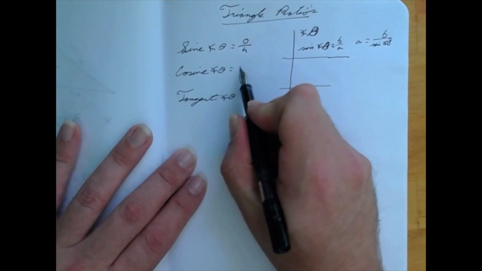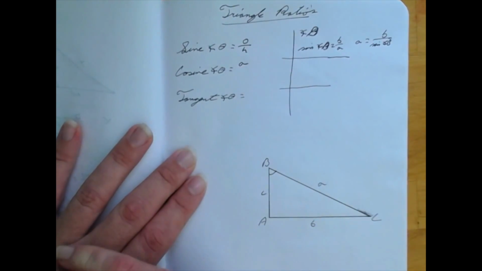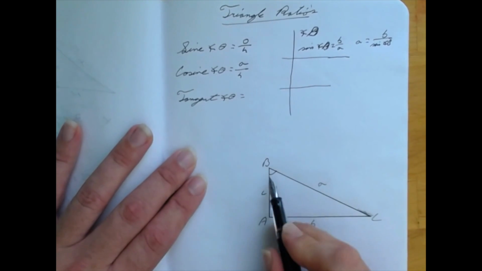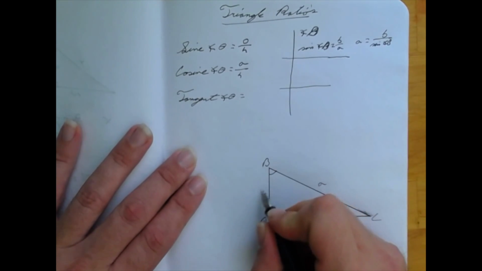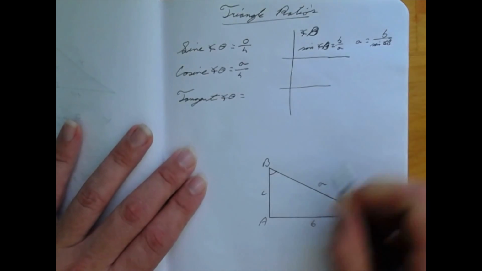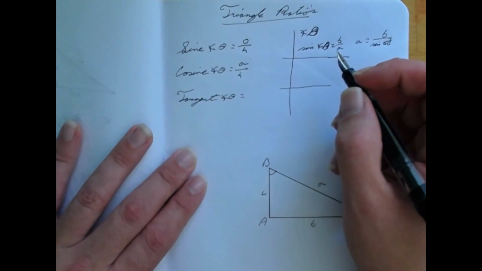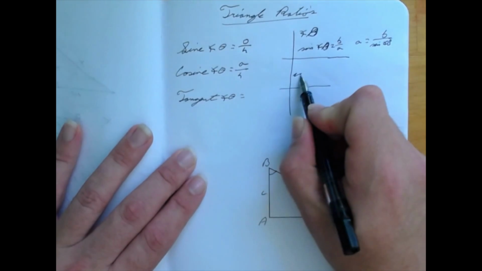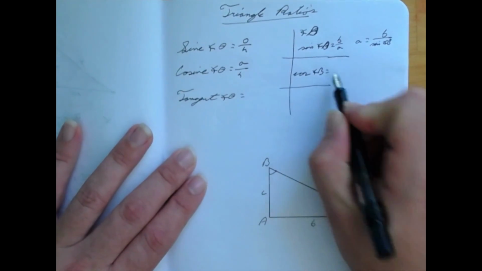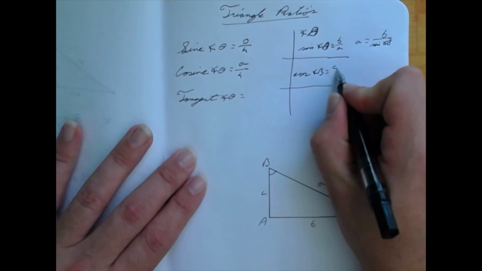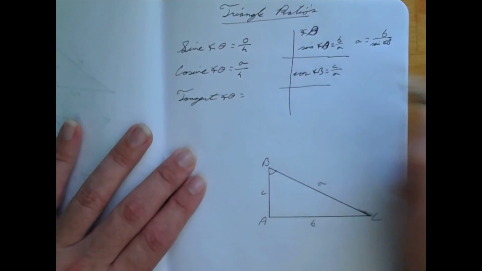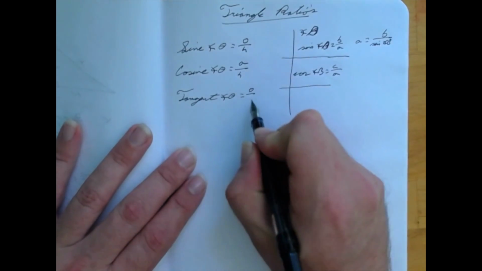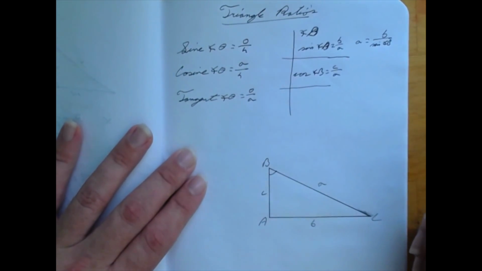Cosine can be found by the adjacent side over the hypotenuse. So finding the cosine of angle B would be C over A. So opposite, adjacent: cosine of angle B would be side C over A as the hypotenuse, where the tangent is the opposite side over the adjacent side.